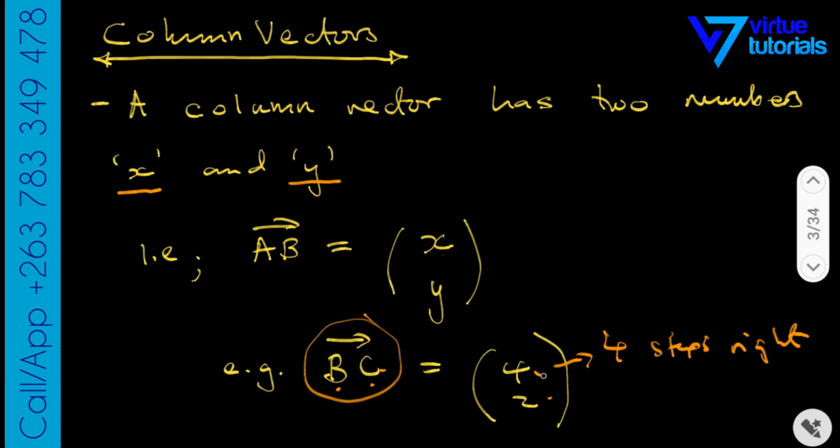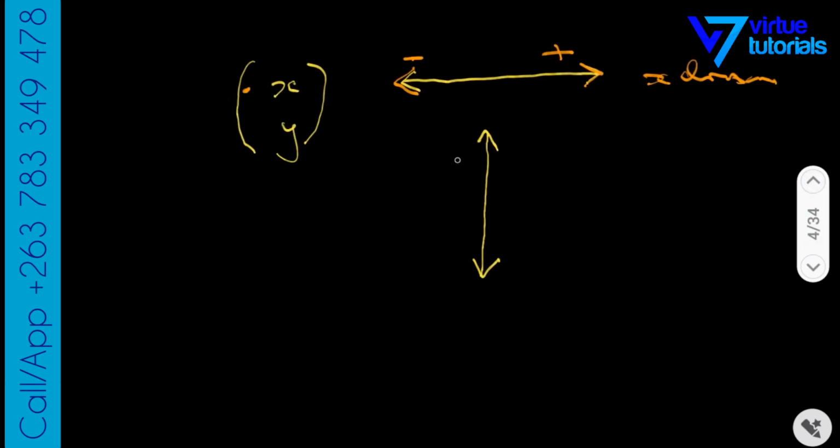because it's positive. The second direction is what we would call the y direction. This describes movement up or down. So if the number is positive, it means you're moving up. If the number is negative, it means you're moving down.